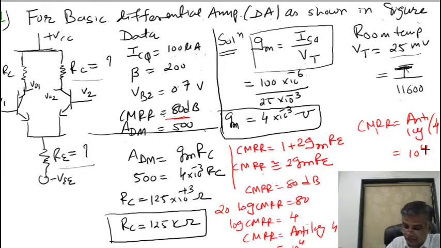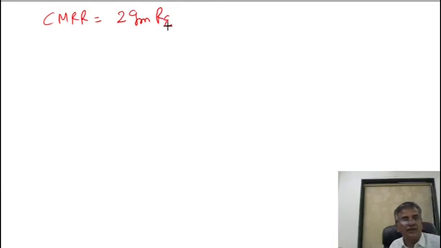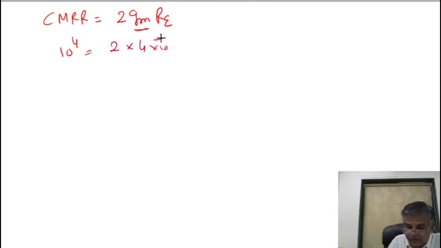So let us see now. CMRR we have written as 2 Gm into RE by neglecting 1. This is 10 raised to 4. This is 2 into Gm, which we have calculated as 4 into 10 raised to minus 3, into RE.